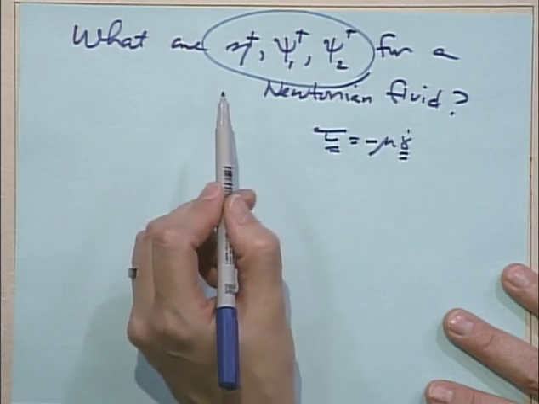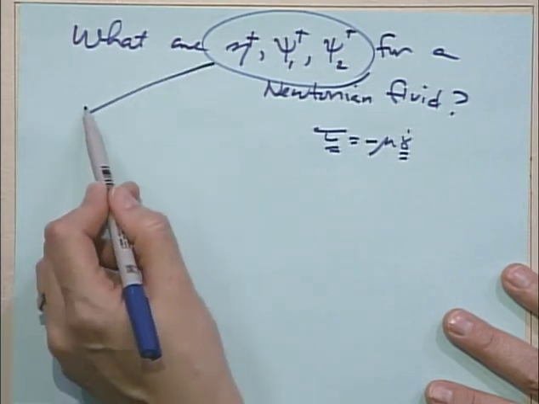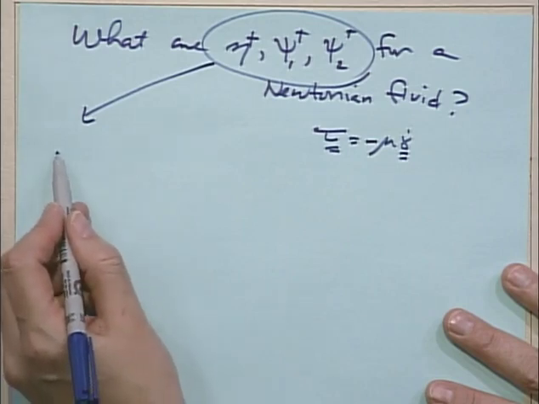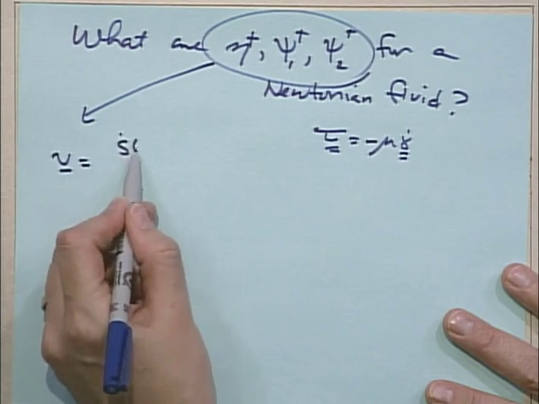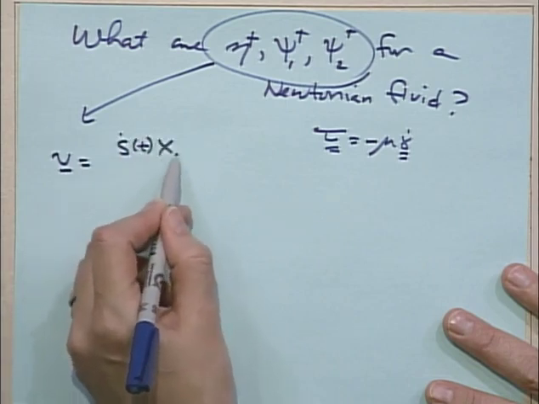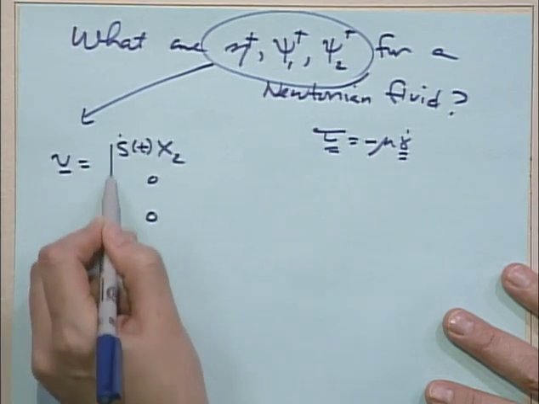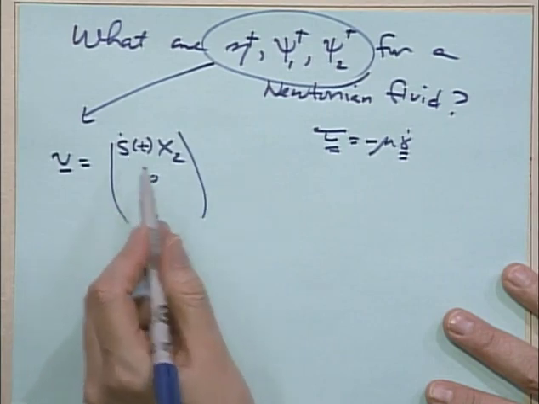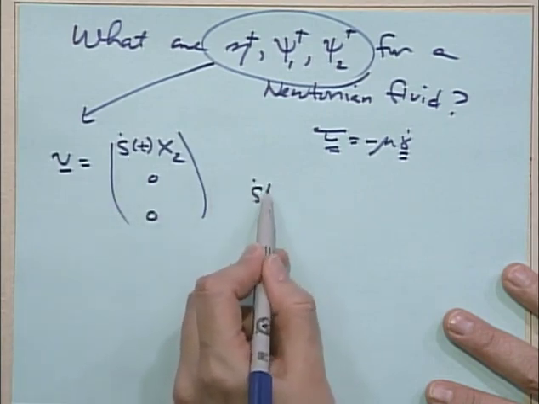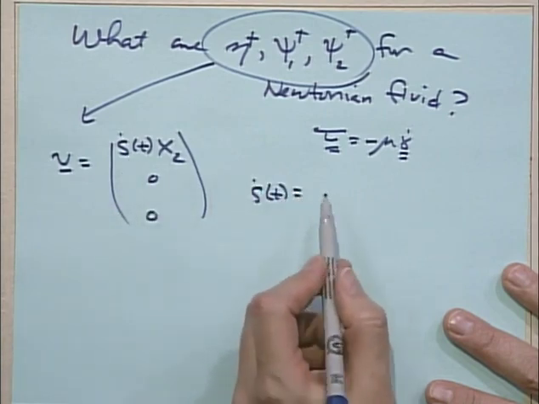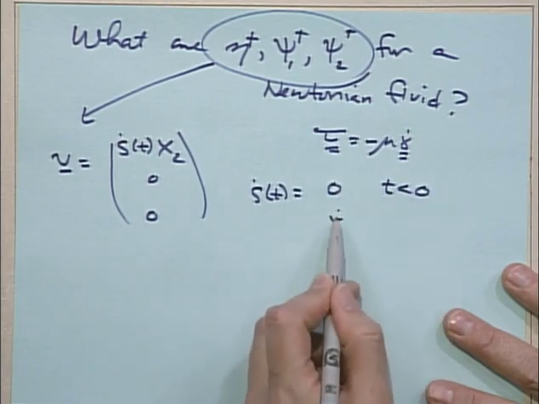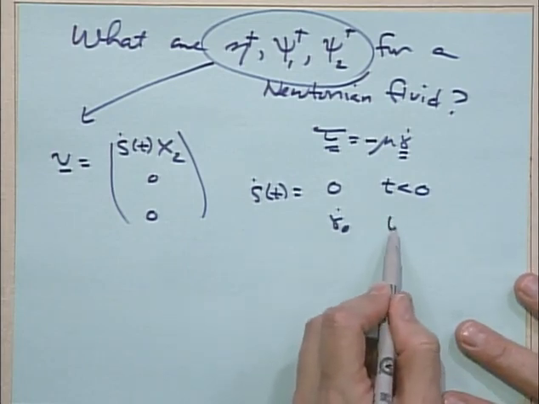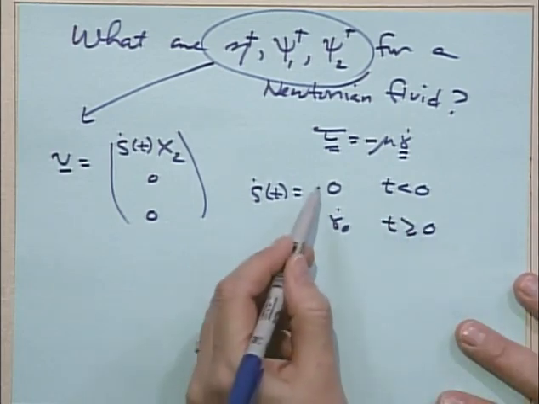And there's a very prescribed set of kinematics that go with that, and they're on the slide. The kinematics are that the velocity vector is given by sigma dot of t times x2, 0, 0. Shear flow, unsteady, where the sigma dot function for this flow is given by 0 until the flow starts, and a constant value called gamma dot naught after the flow starts.